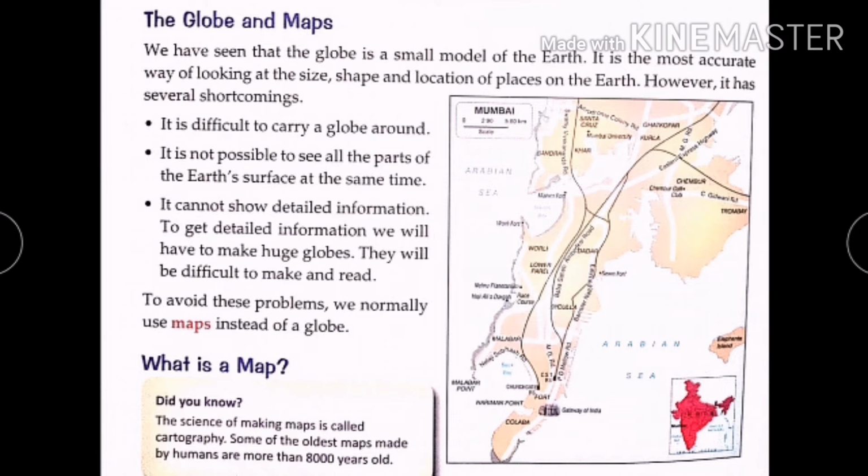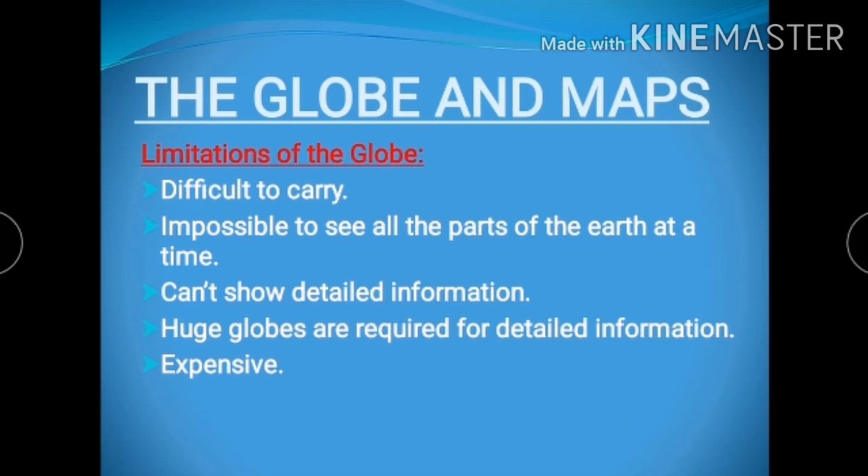It cannot show detailed information such as the climatic conditions, resources, and minerals available on a continent. And for getting it, we have to make huge globes, which will be difficult to make and read. Also, it will be costly to purchase. So, maps are the answer to all these shortcomings of the globe.